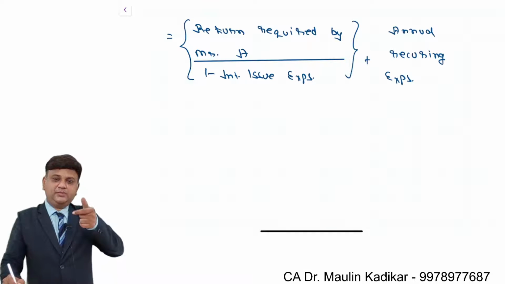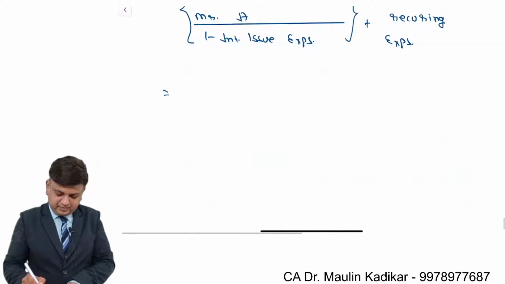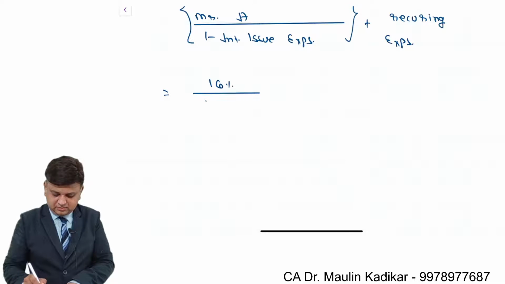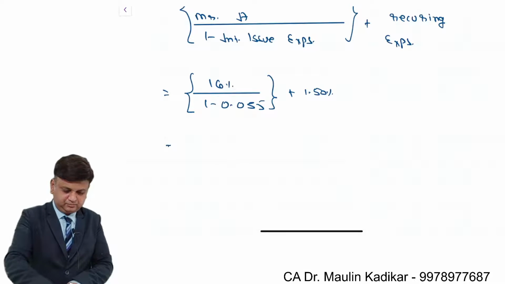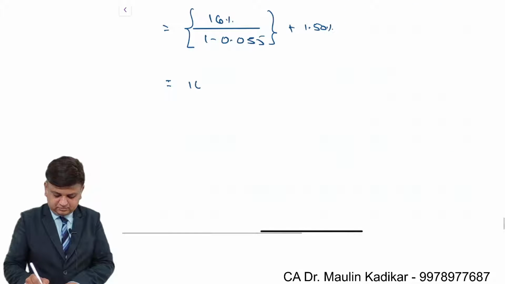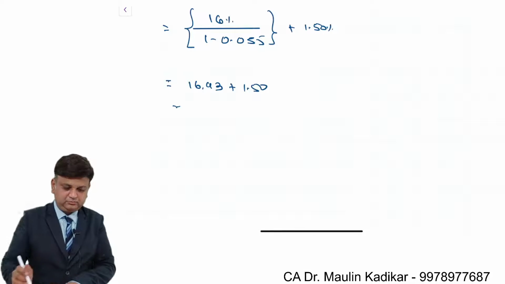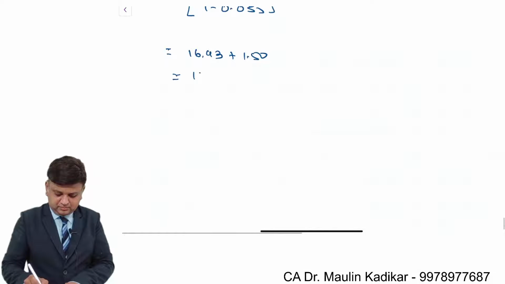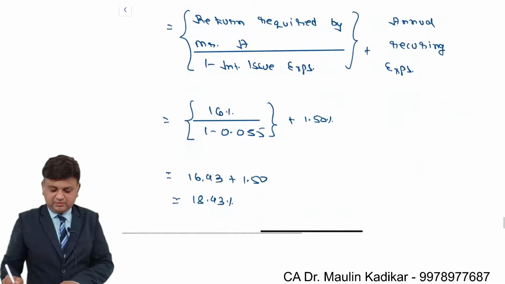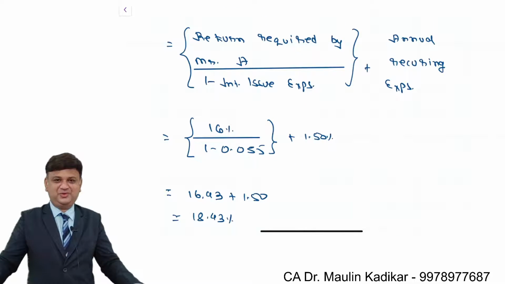So we have made the gross up of the return to be earned. So it is 16 percentage divided by 1 minus 0.055 plus 1.5 percentage. 16.93 plus 1.5. So 18.43. This is the way we are supposed to calculate the minimum return that the mutual fund should be able to earn.